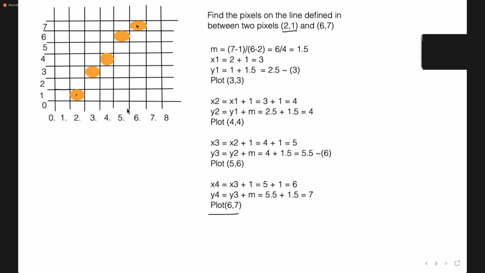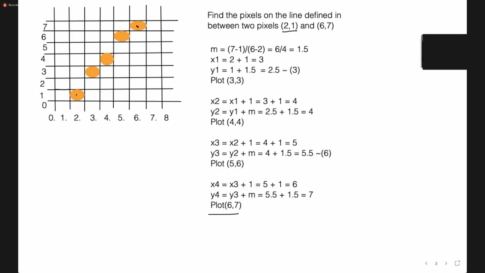One has said the y values are not continuous, okay. Can you see there are gaps here? This pixel is here, the other pixel is here. In between there are many pixels. We don't know which way we have to go. Here these two are continuous, but these two are not. There are some gaps available.